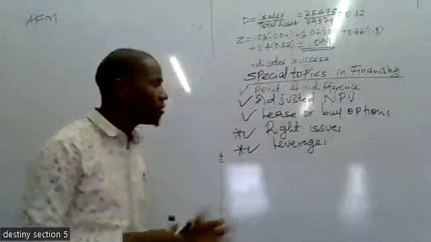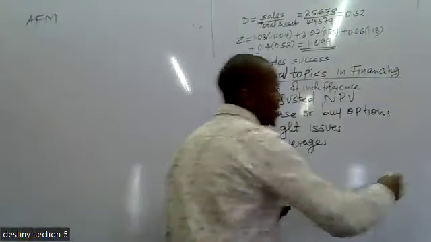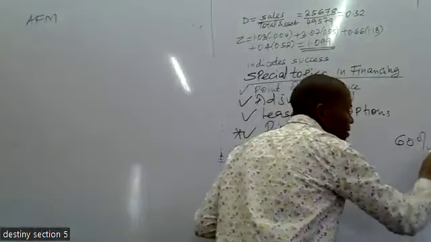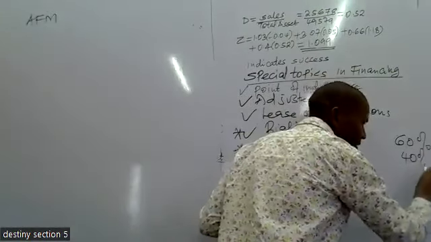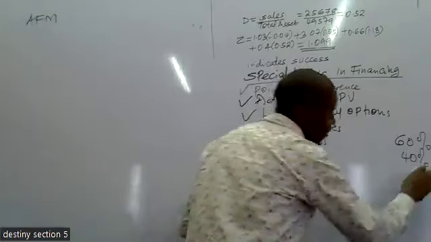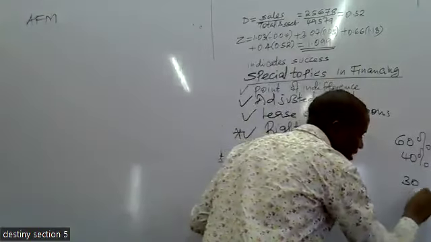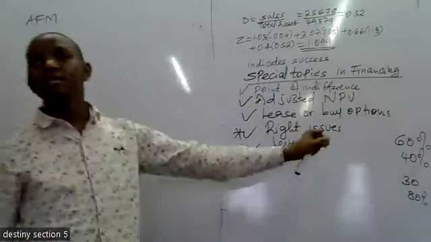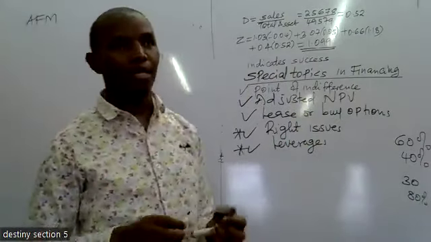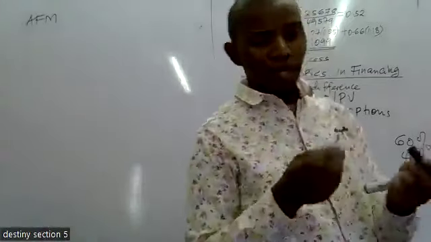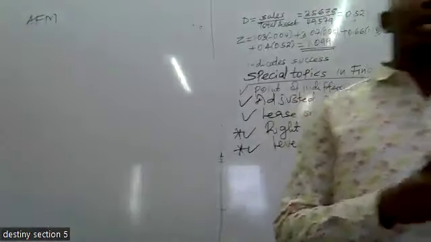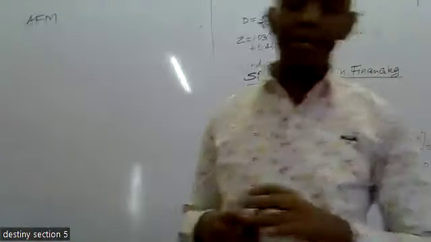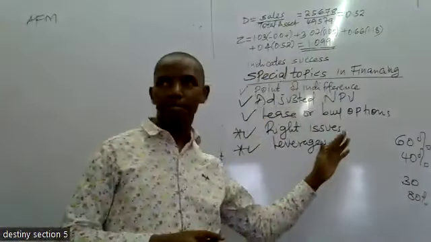So it means, like, you can find the company is being financed by 60% equity, 40% debt. Then the financing for the project is 20% and 80%. Are you getting? In that case, you use the adjusted NPV. Number two is when the project is partially financed using a loan that is subsidized.